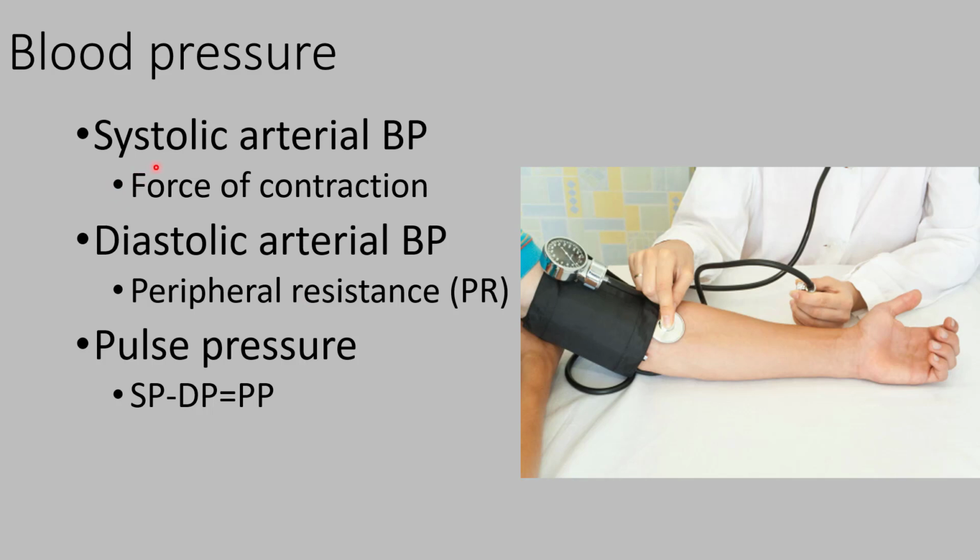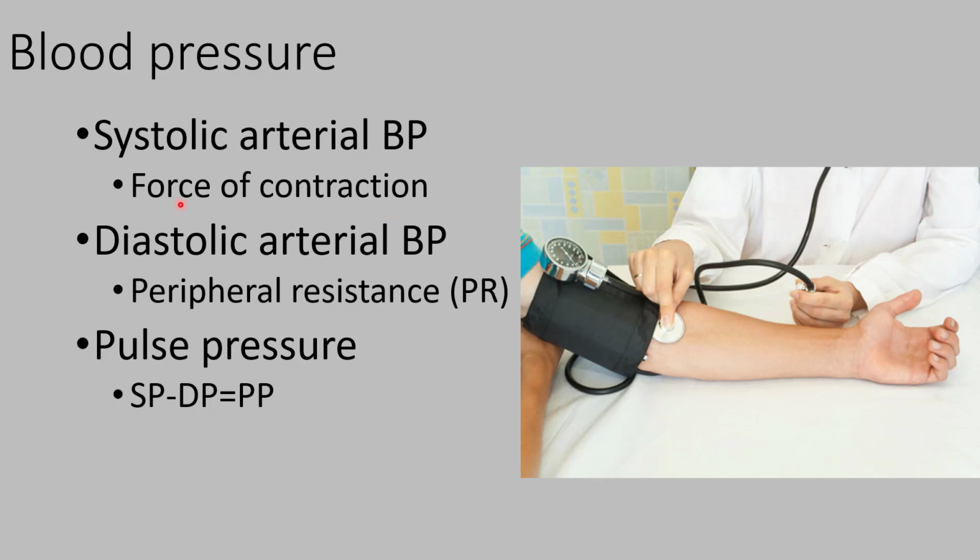So let's first look at systolic. Systolic arterial blood pressure. That's the 120. That's the top number. It's the greater number. And systolic blood pressure is the pressure in the aorta during ventricular systole. That's how we get it. Systolic arterial blood pressure is the pressure in the aorta during ventricular systole.